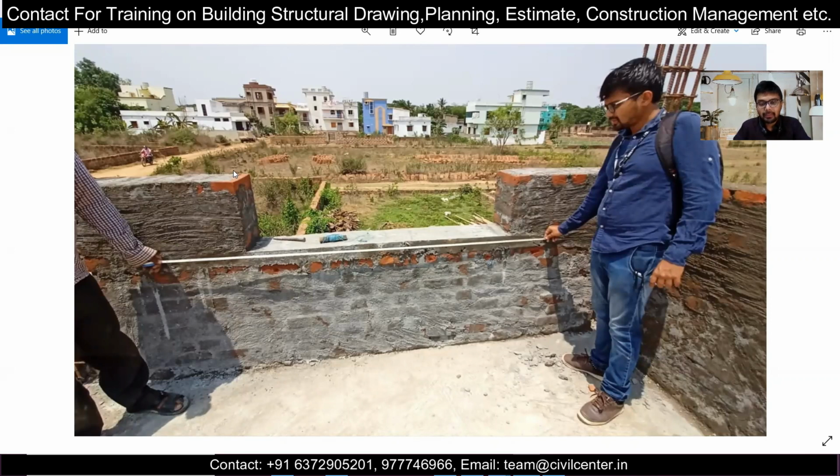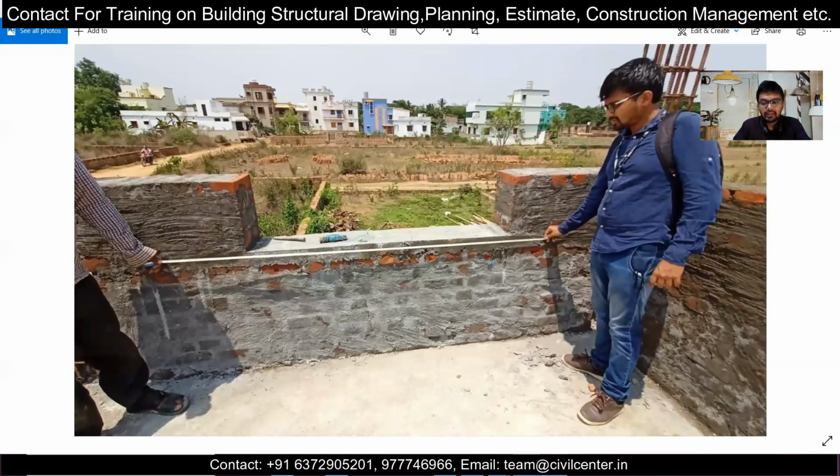Yes, outside we have plaster, but in this portion especially there are more chances of water percolating, because this is the entire opening portion. That's why in this particular portion the PCC, or the concrete, is given for 3 to 4 inches.